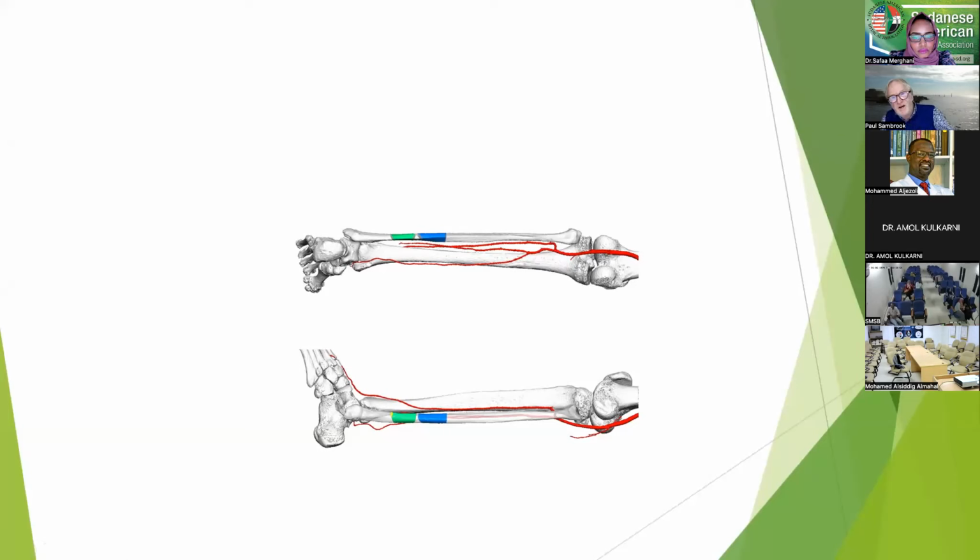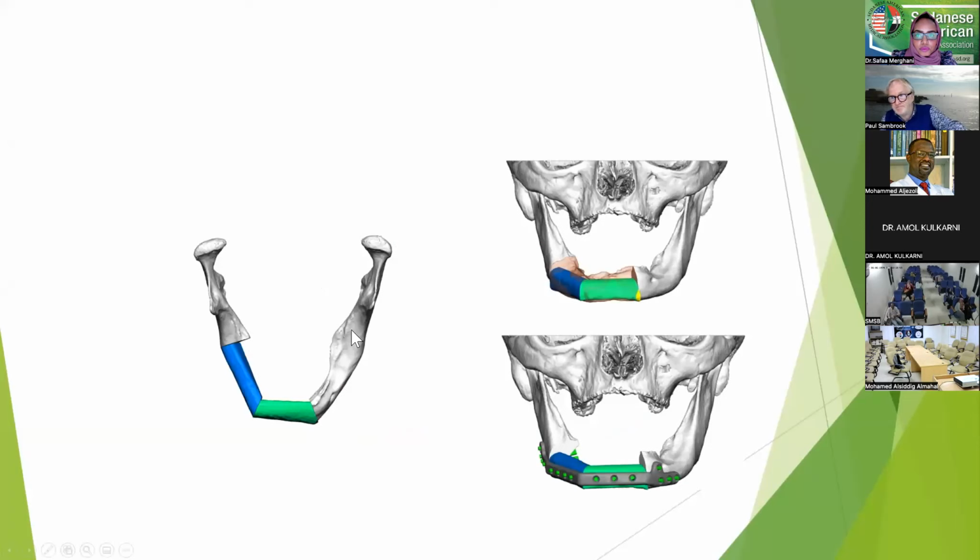Perhaps the engineer is able to look at the mandible here. This is a slightly different case, but the same principle applies, where we need to cut out this. We need to be able to place the fibula in this sort of configuration to reconstruct that mandibular arch.